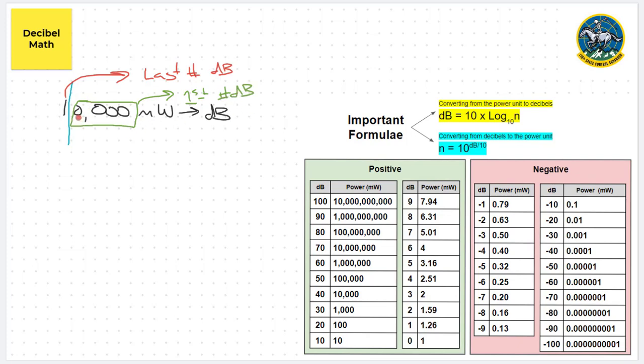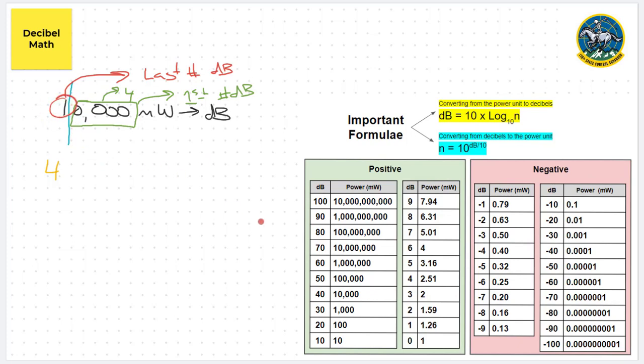Now you'll notice that I've got 1, 2, 3, and 4. I've got 4 numbers here, and it doesn't matter if these are zeros or any other number. There's 4 numbers there. So the first number of my dB conversion is going to be 4. Now I'm going to take this number here and convert this directly from milliwatts into dB.